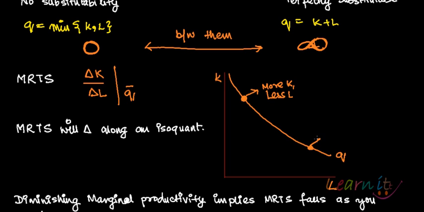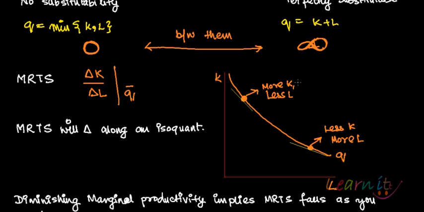At this point, you have less capital and more labor. MRTS is nothing but the slope of an isoquant. As you can see, the slope is changing. MRTS is not constant along this kind of an isoquant.